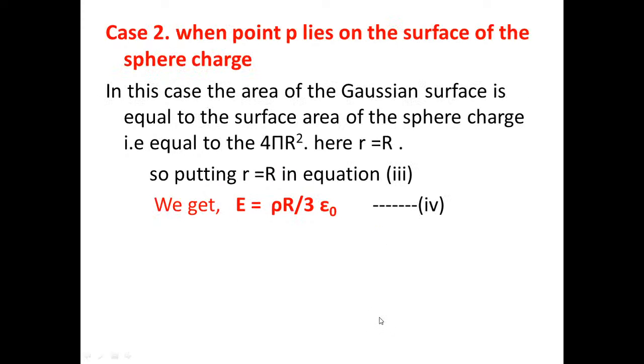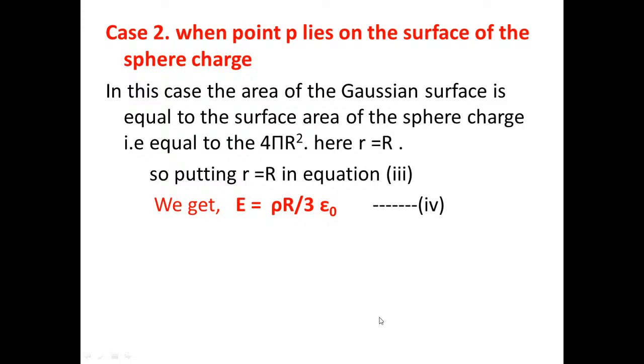Case 2. In the second case, when the point P lies on the surface of the sphere of charge, the area of the Gaussian surface is equal to the surface area of the sphere of charge, 4 pi capital R square. r is equal to capital R.